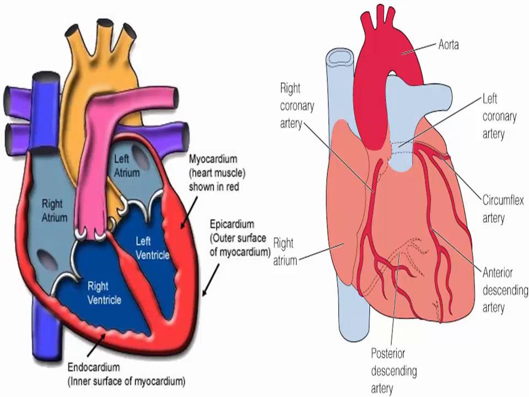Now, it's important to understand that, because damage to these arteries is what sets us up for angina or myocardial infarction, or heart attack. These arteries, when blocked or in spasm occasionally, can damage the heart muscle.